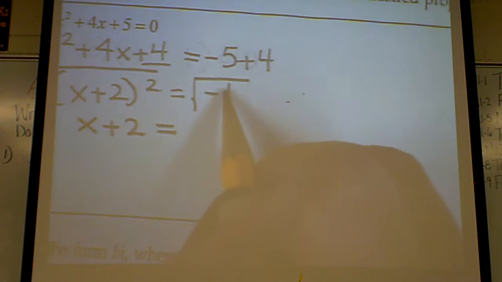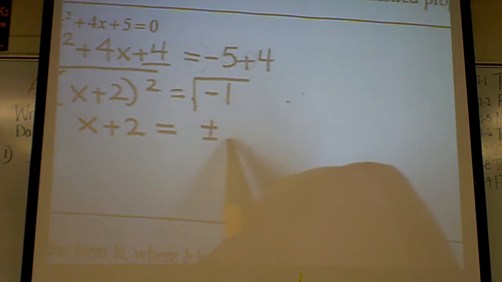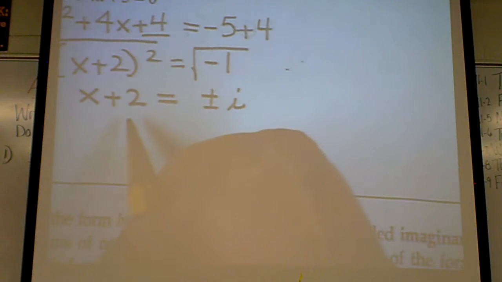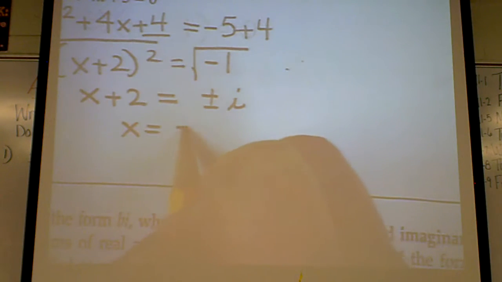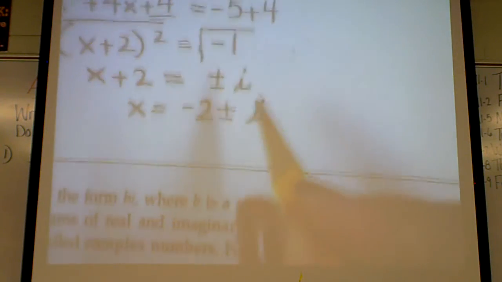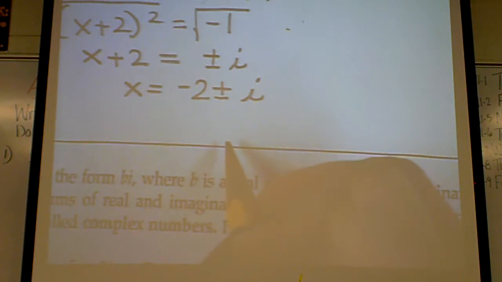Okay? So now, what are you going to write here? If this were a 4, what would we have done? We would have written plus or minus 2. But it's a -1, so we're going to write plus or minus i. And now, how do you finish this? Okay, so what do we have here?